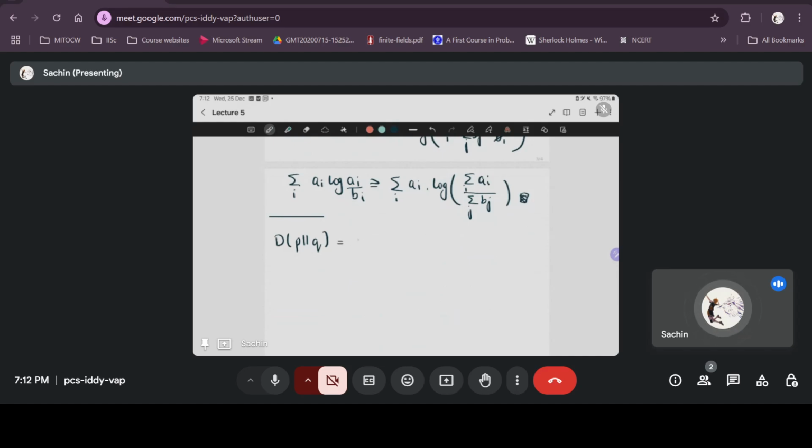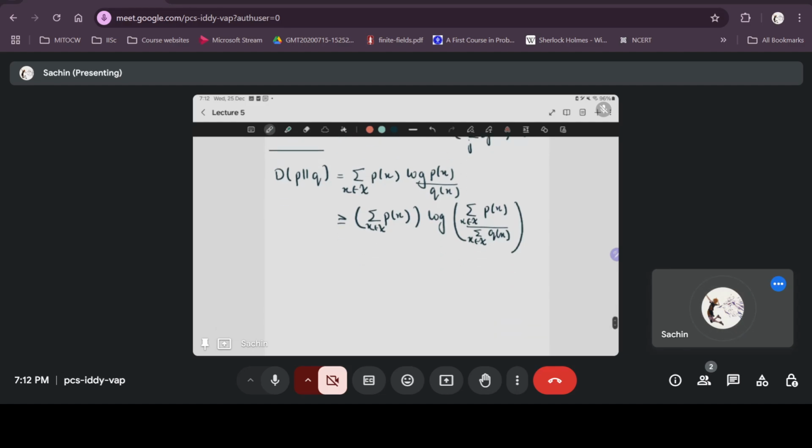Okay, next we use this log sum inequality to prove the non-negativity of relative entropy. Relative entropy we can write for pmf p and q as summation over all x in script X p of x log of p of x over q of x, and this becomes, from the log sum inequality, summation over all x p of x times log of summation over all x P of x divided by summation over all x Q of x.